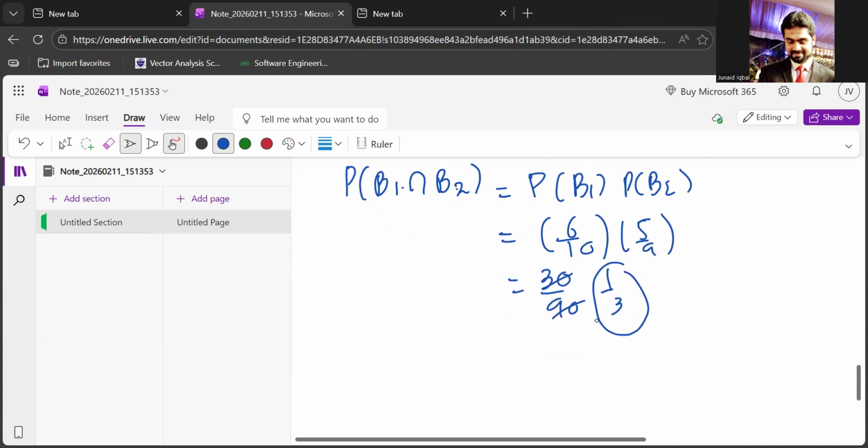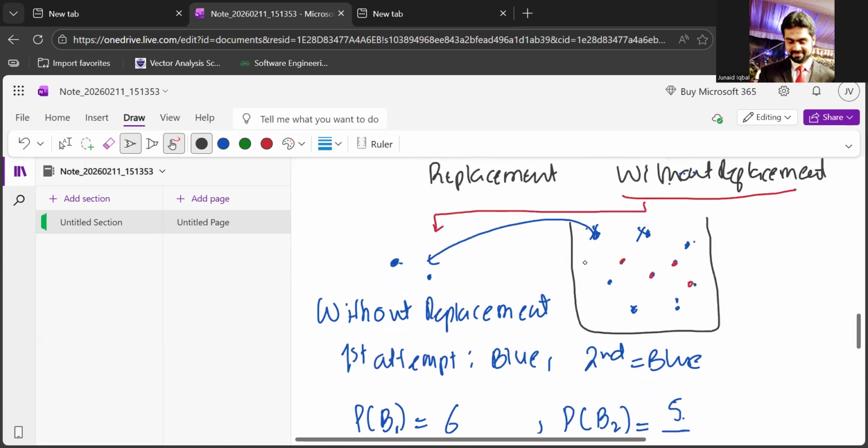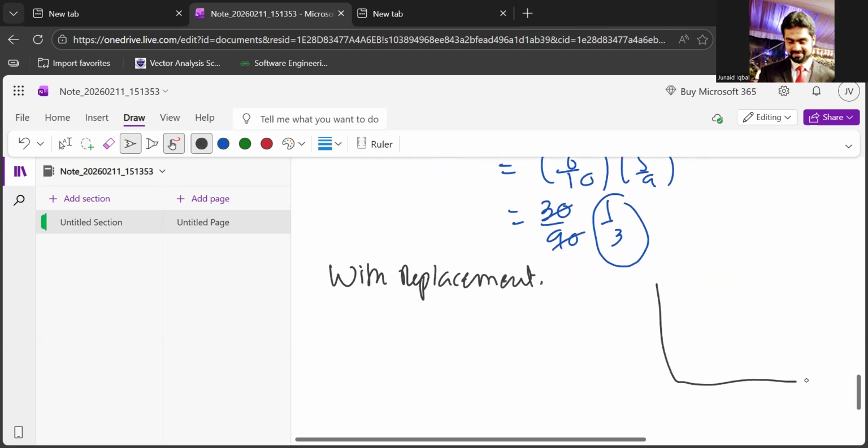So I'm going to do the same question with replacement. Now, with replacement means I'm going to select blue first, then I'm going to put it back, keeping the total sample space the same.